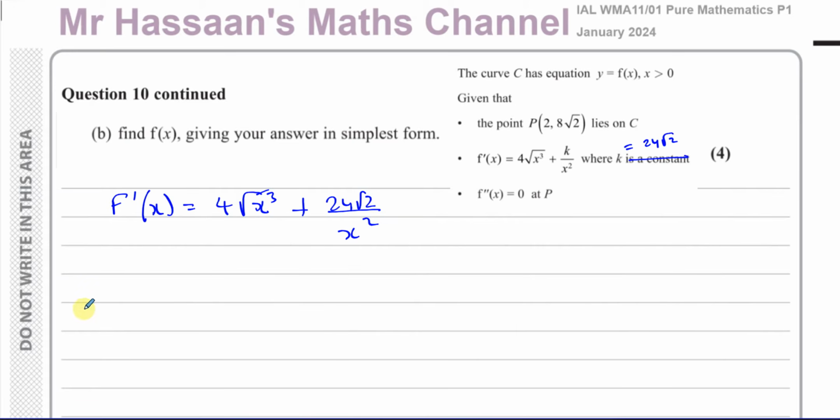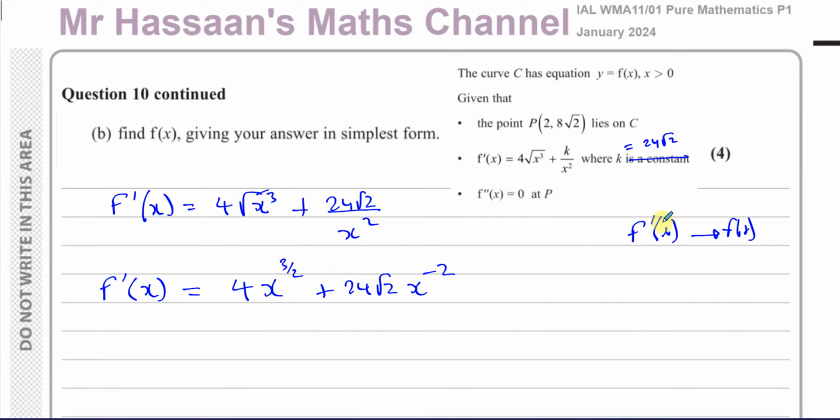Again we can write this in terms of something that's easy for us to deal with. This is 4, as we mentioned before, x to the power of 3 over 2 plus 24 times root 2 times x to the power of negative 2. So this is f dash of x. Now we want to go from f dash of x to f of x.